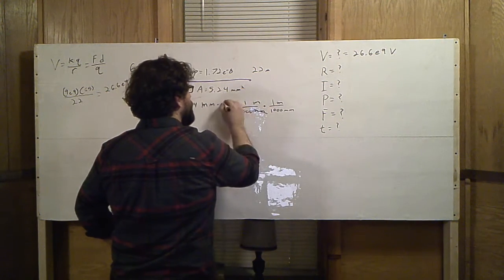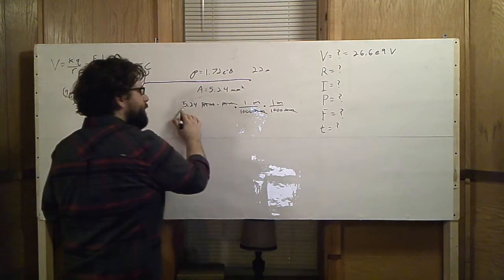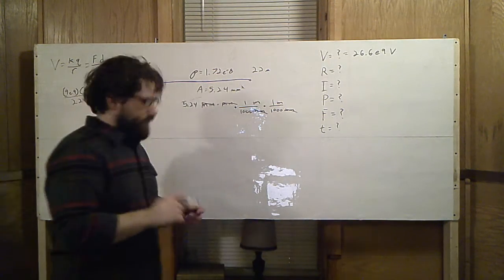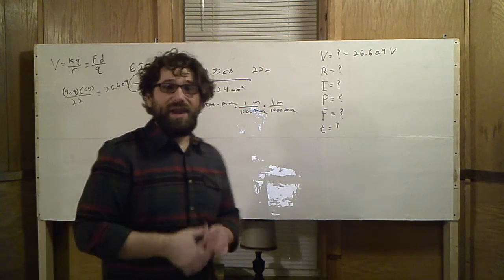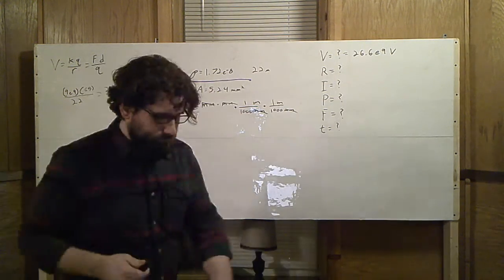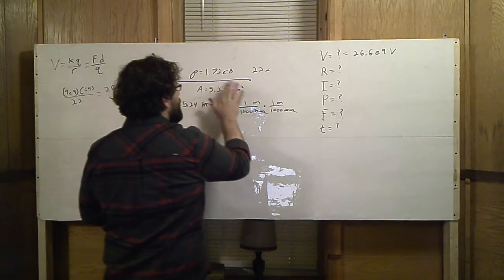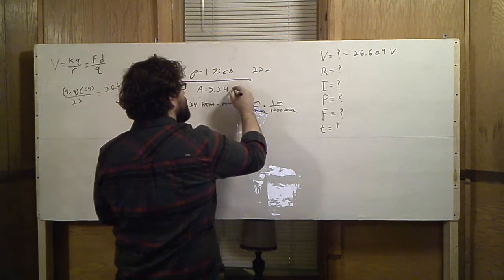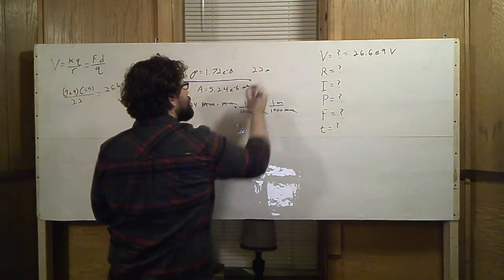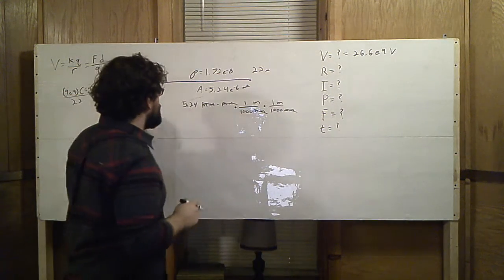That'll cancel out both of my millimeters and give me meters squared. So 5.24 divided by 1,000 divided by 1,000, so that will be divided by 1,000,000. This is going to be very small numbers, so we'll just rewrite this as 5.24E-6 meters squared. This resistance is going to be very small.